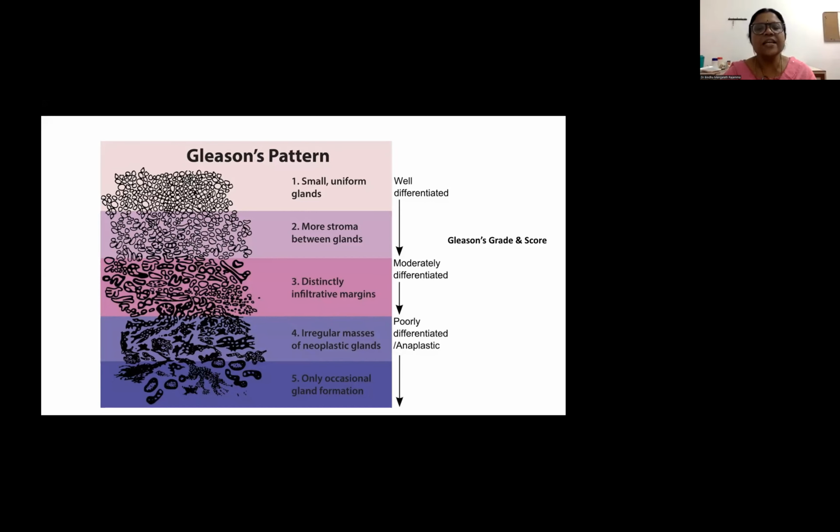But definitely this system has gone through several revisions after its inception in 1967. The major one was in 2014 after a conference in the US, and they came up with major changes in the 2016 WHO, that is the fourth edition of the WHO.